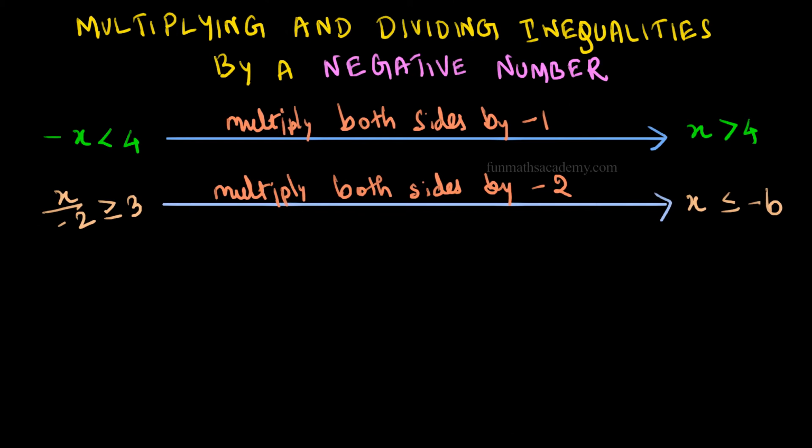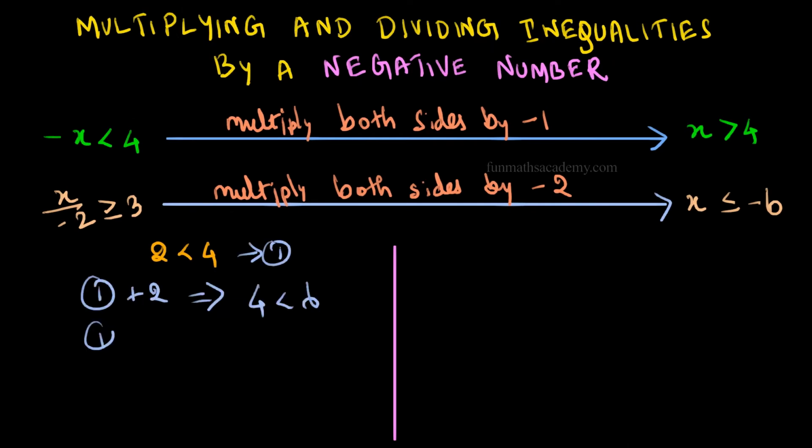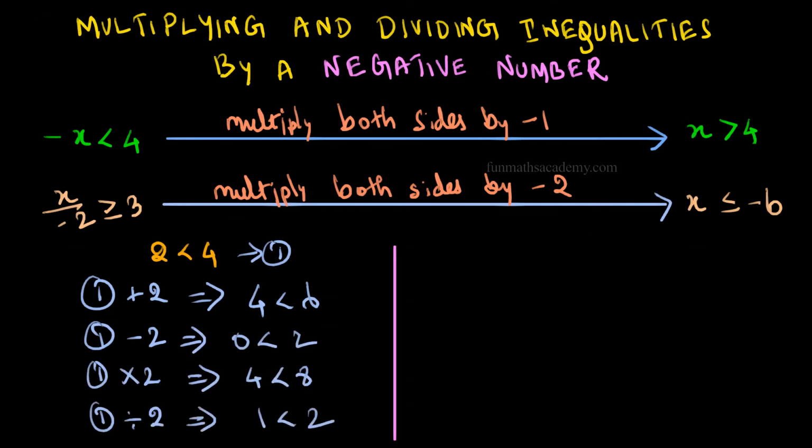You might wonder what the need is to flip the operator when multiplying on both sides by a negative integer. Let me tell you why. A variable means that its value will change all the time. Suppose you have 2 less than 4. The operator of this inequality will not change when you add, subtract, multiply or divide by a positive integer on both sides.